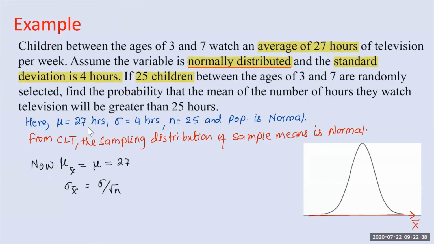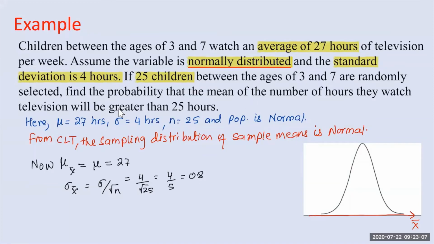So sigma is 4 divided by square root of 25, and the square root of 25 is 5. That is equal to 0.8. Since this is a normal distribution, we have the mean and the standard deviation for this distribution. Once we have them, we can easily find the probability that is asked here.